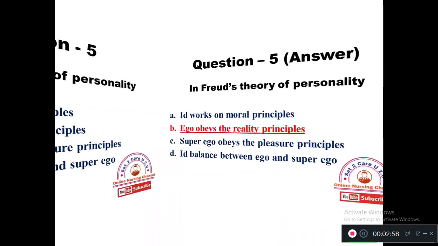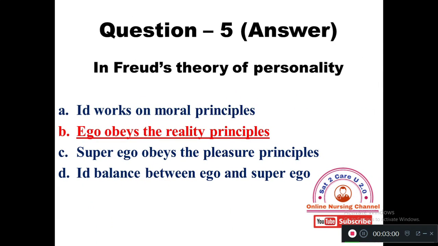Ego obeys the reality principle. We know very well the id works on the pleasure principle. Superego works on the moral principle, and it is not doing the bridge between id and superego, whereas ego acts as a bridge between id and superego.